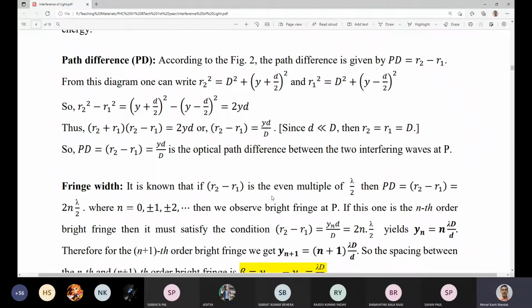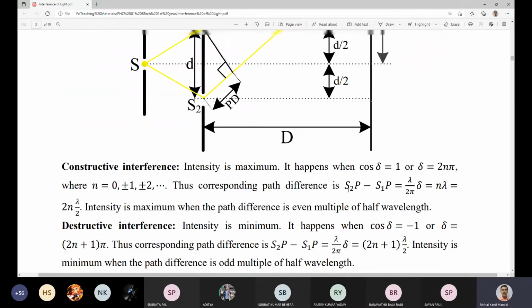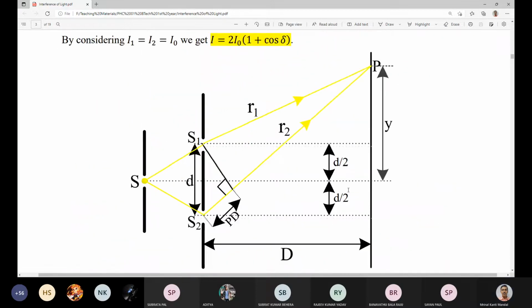Now, if you look at this picture, and consider that this is your central position, at this central point your path difference is 0, because the paths S1O and S2O are the same, that is equidistant. But for all other points, the path is different.